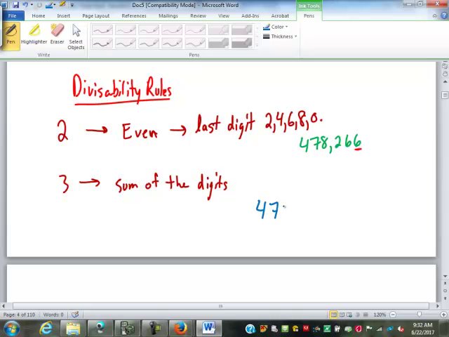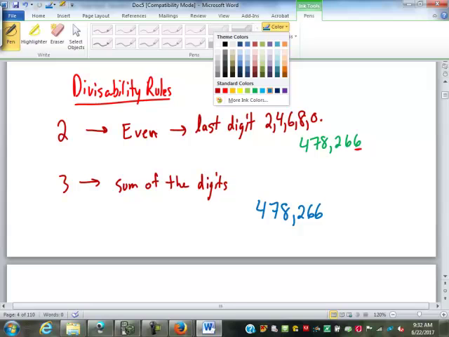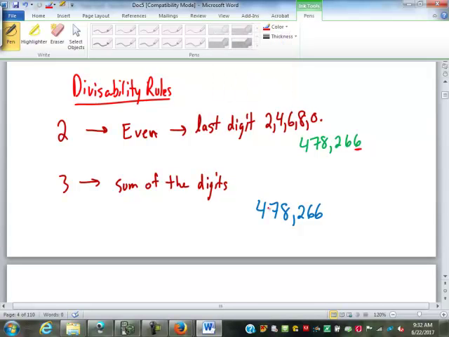Let's use 478,266 to demonstrate what I mean. We're going to add up the digits. What is 4 plus 7? 11. Plus 8? 19. Plus 2? 21. Plus 6? 27. Plus another 6? 33. Is 33 divisible by 3?